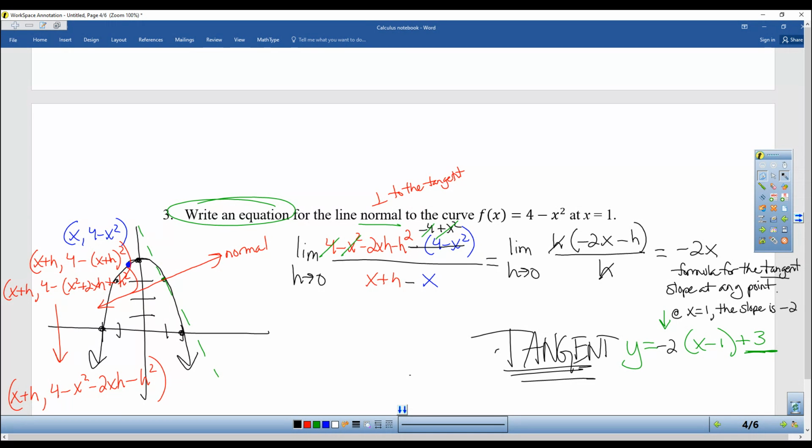Your equation is asking for the normal. It is literally a simple extra step. Y is equal to positive 1/2 times x minus 1 plus 3. Okay? So that's your final answer. That is the equation for the line normal to the curve.